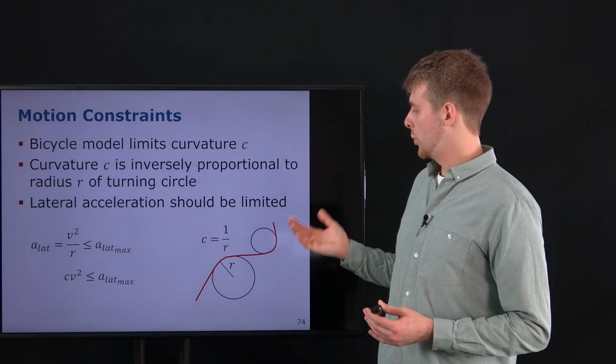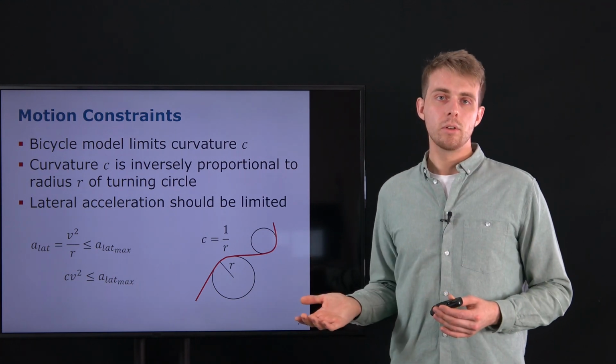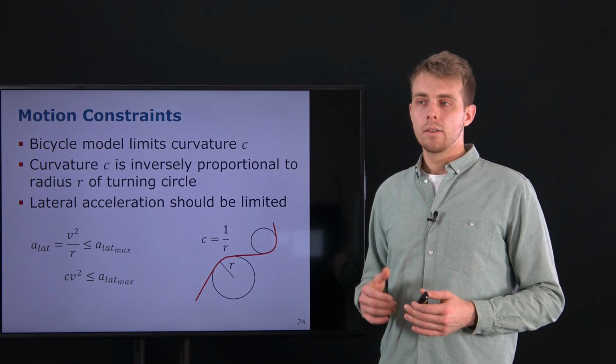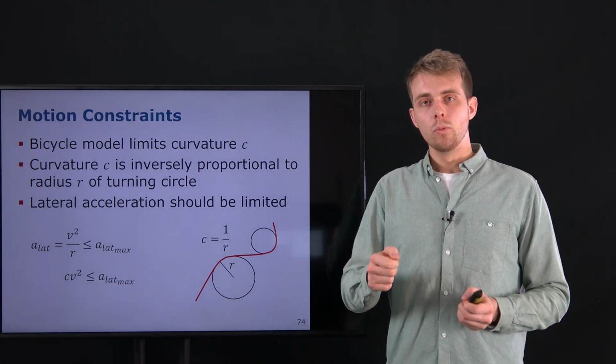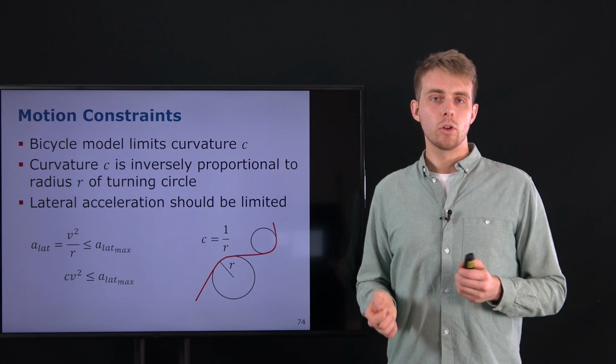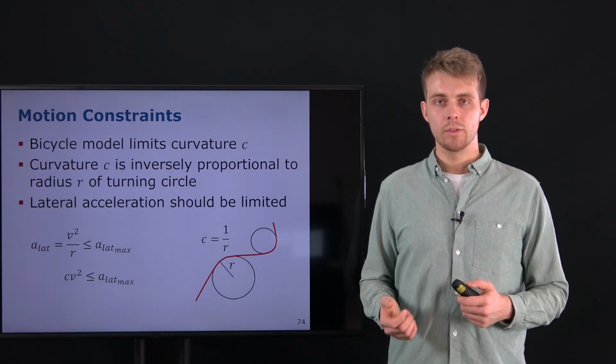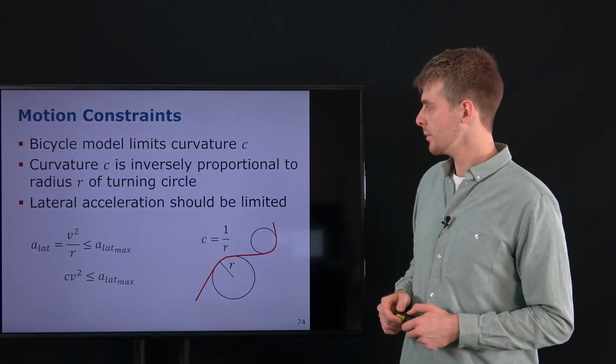From the bicycle model, which we usually assume for the car motion, we can see that when steering, we move on a circle. So the curvature of this circle can be related to the acceleration the passenger is experiencing while driving.